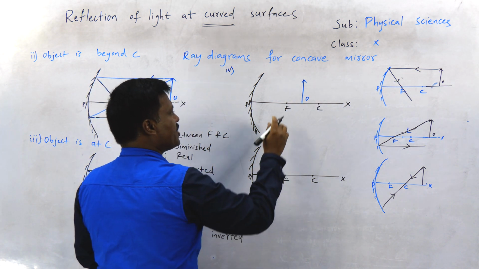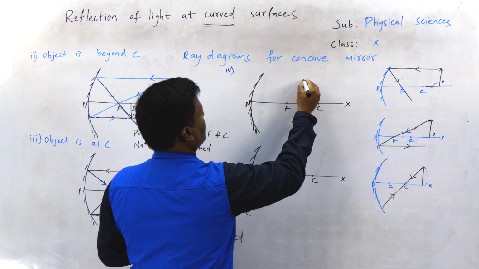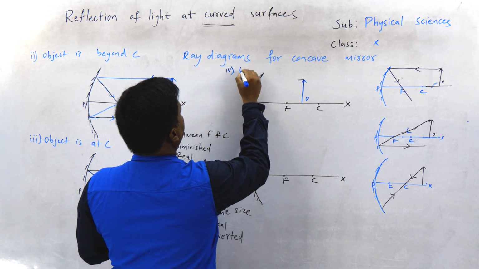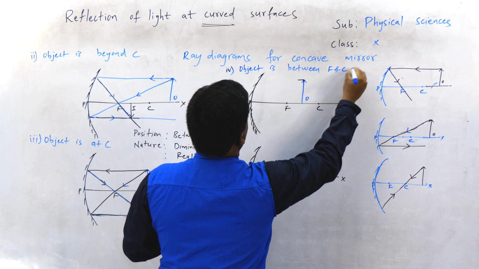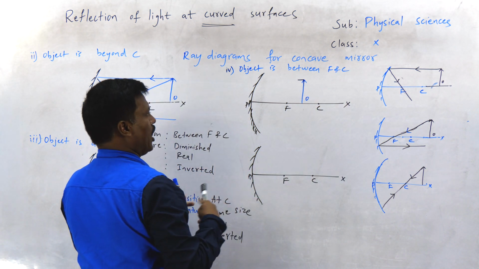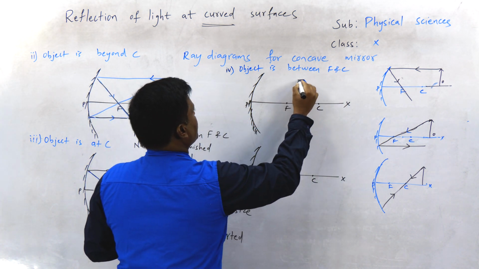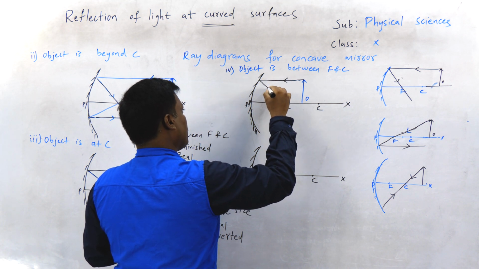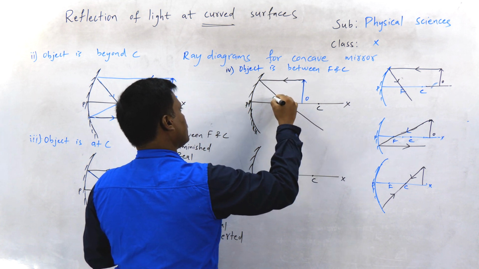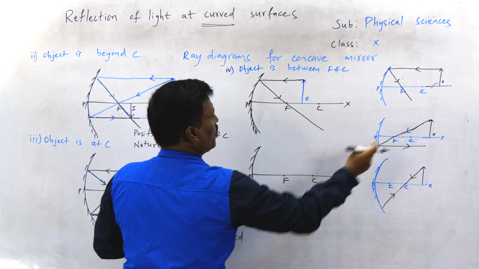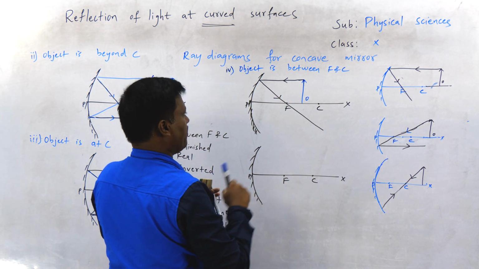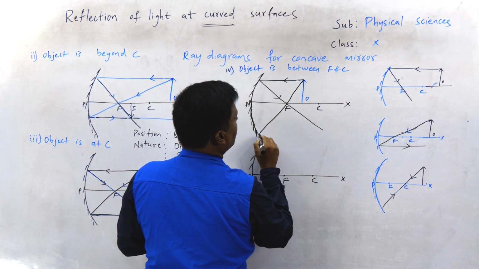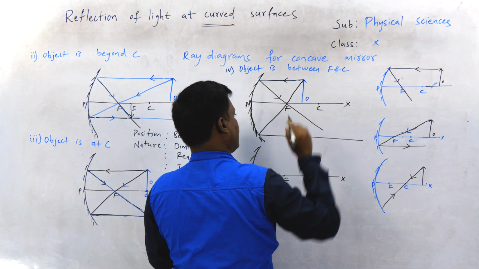If the object is placed between focus and center of the curvature, object is between F and C. Now a ray that passes parallel to the principal axis, after reflection passes through focus. Rule number 1. Rule number 2, a ray that passes through focus, after reflection passes parallel to the principal axis.